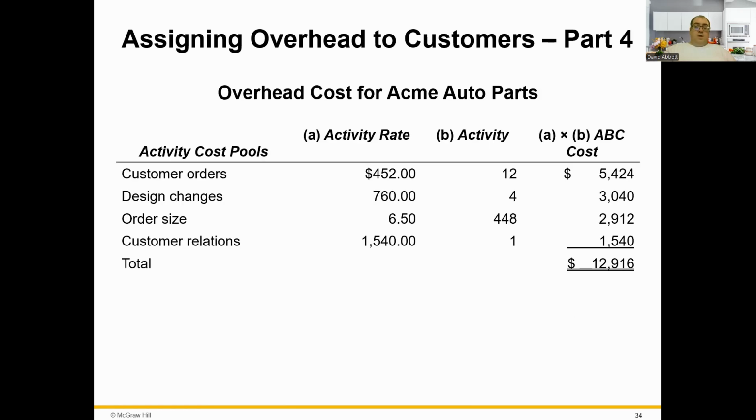The total, and we can see that broken down here. The total overhead cost assigned to Acme Auto Parts would be $12,916, calculated here as shown.